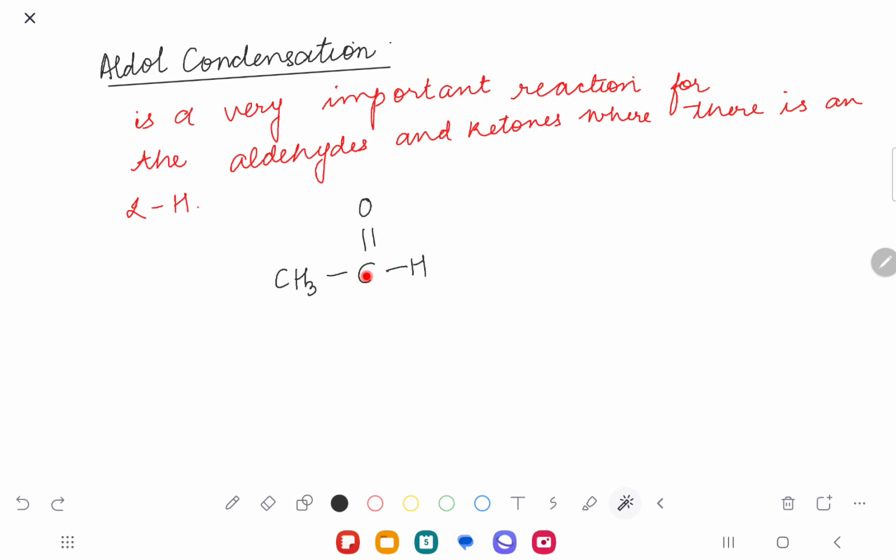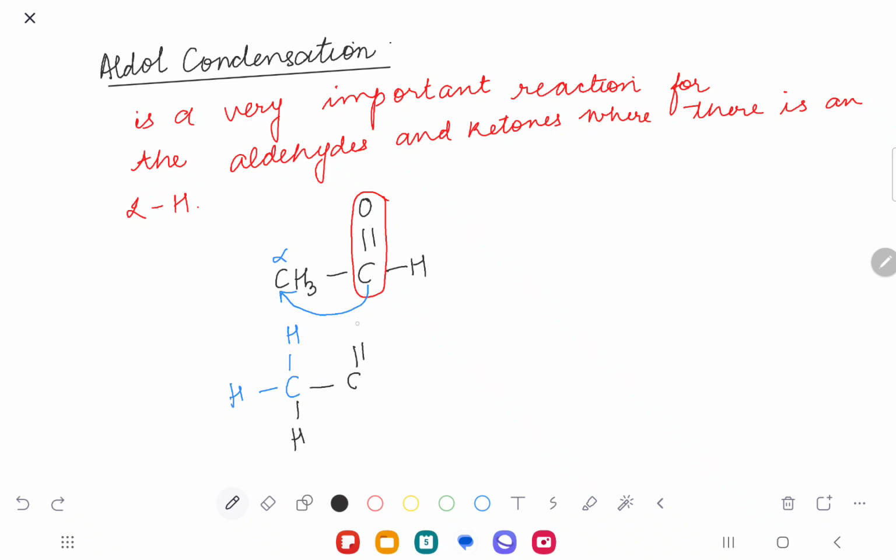So the C double bond O group is there, and besides the C double bond O, there is this CH3 group. The next carbon after the C double bond O is called an alpha carbon.